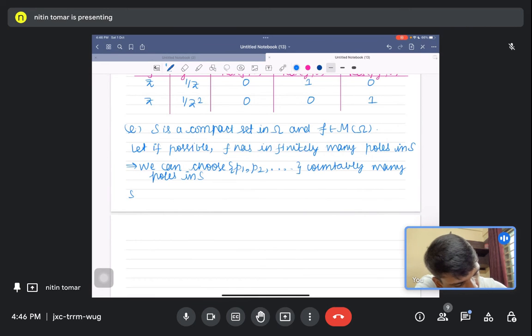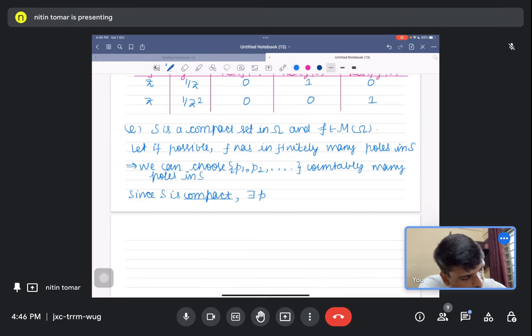Now since S is bounded, actually it is compact. Compact means closed also. So if that limit point is there, then it has to belong to S, right? Because every closed set contains all of its limit points, correct? Yes, sir.